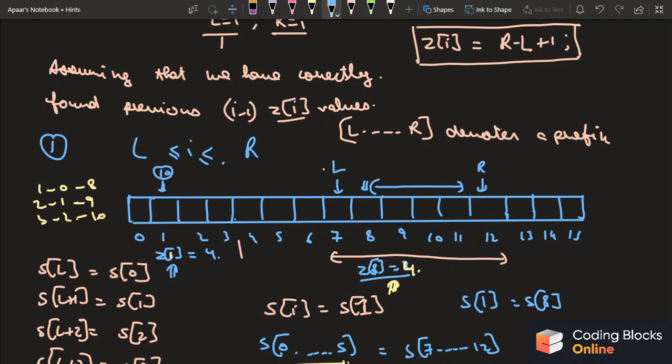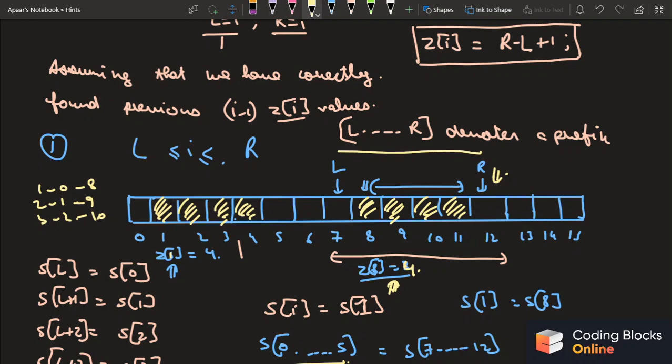We never know that this Z1 can also match with the length of 10, or 5, or 6, right? But there's one guarantee: if the Zk value only matches, let's say, the first 4 characters, then these 4 characters will not be greater than this R value, right?